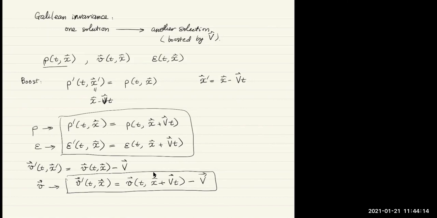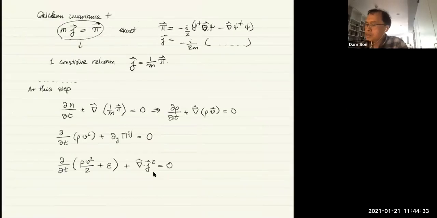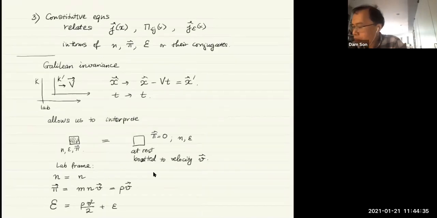Okay. I have a quick question about the Galilean invariance that we introduced in the very beginning, considering that element of fluid. Is that a local boost that we're considering? It's a global boost. Here, exactly.